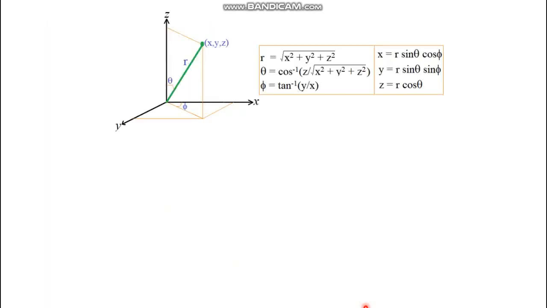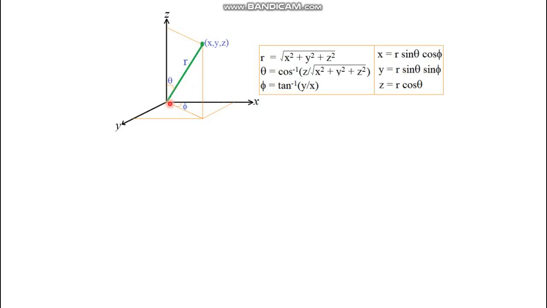And we know the relationship between the Cartesian coordinates and the polar coordinates. If x, y and z are the 3 coordinates of a point in space, then its polar coordinate values are r, theta and phi. r is the distance of the point from the origin, that is the radial part, and then theta and phi.